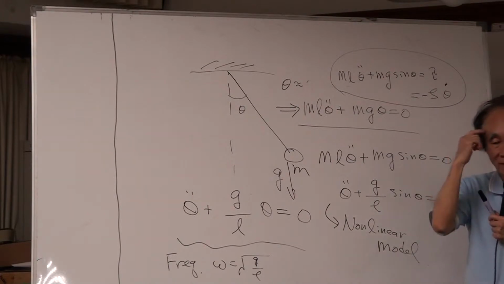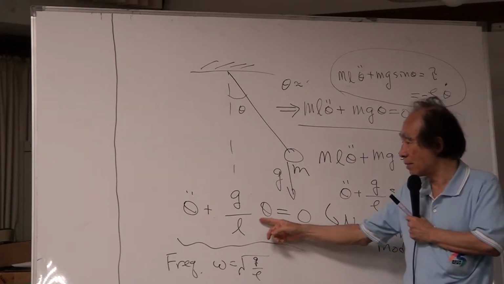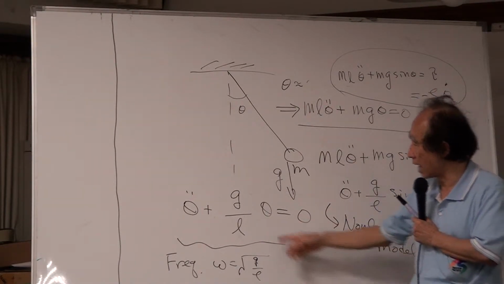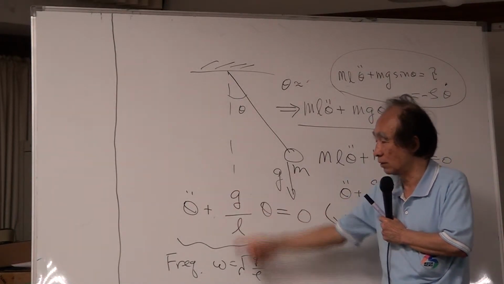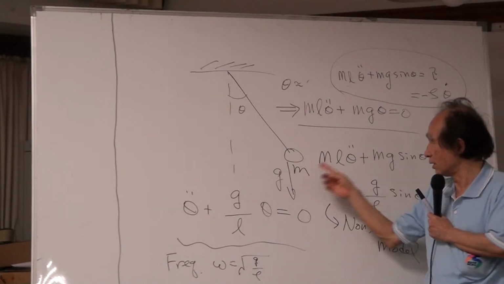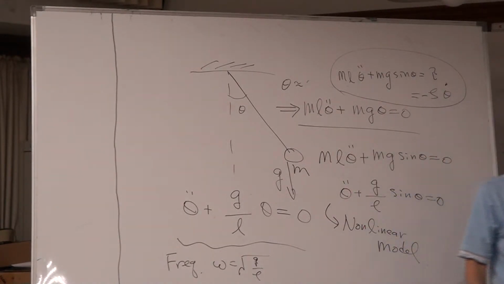Maybe researchers think we can change this model. Maybe I can change G over L. I can adjust the G over L to reflect the nonlinearity of the system. Does that make sense? Makes sense. So that's what we call adaptive control.